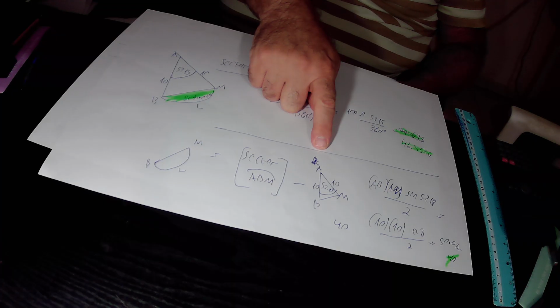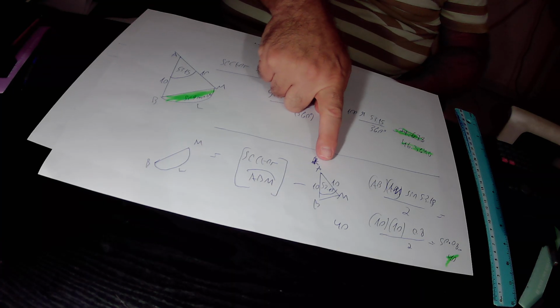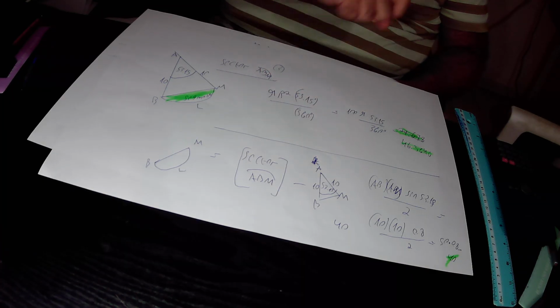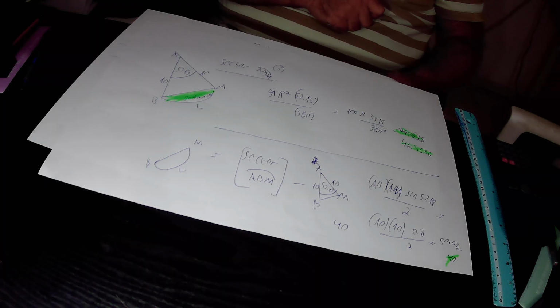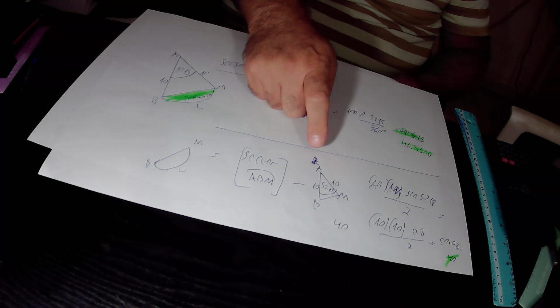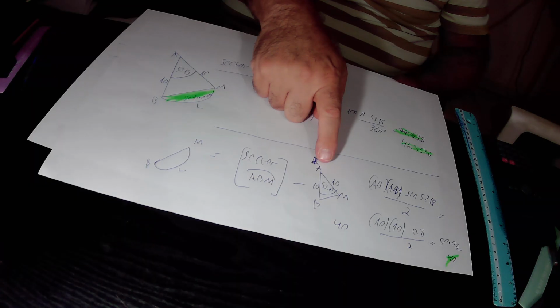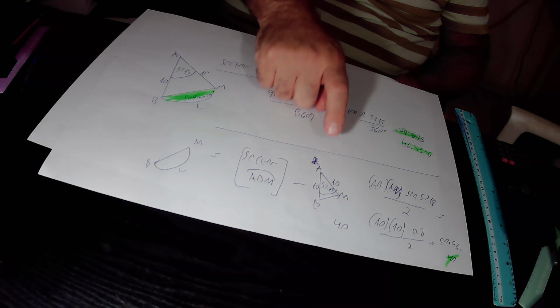The area of this triangle AB equals AM times AB times sine 53.15 over 2. So in total we found out that AM is 10, AB is also 10, so 10 times 10 is 100, times sine 53.15 over 2.